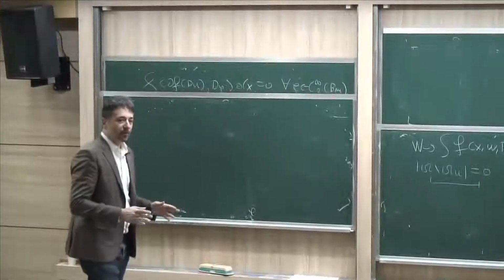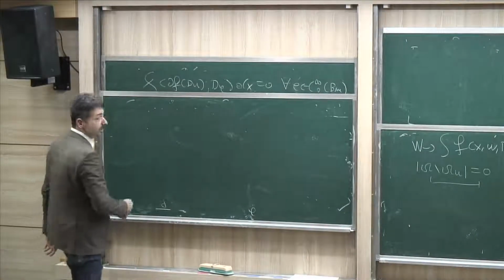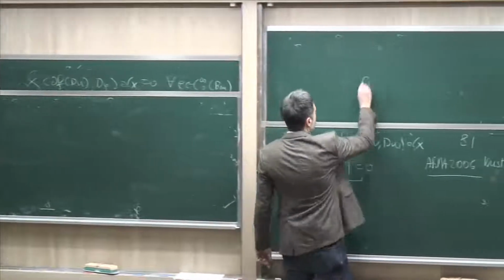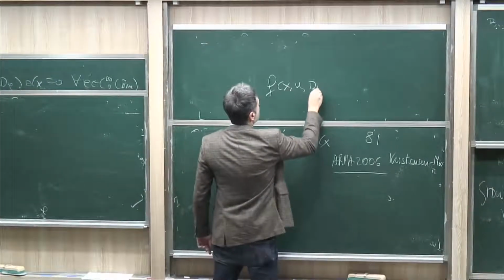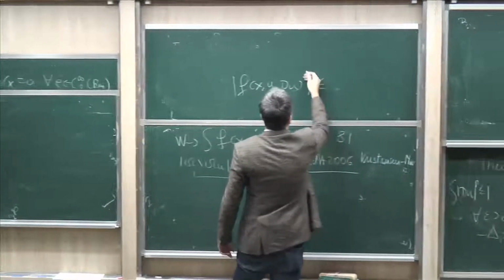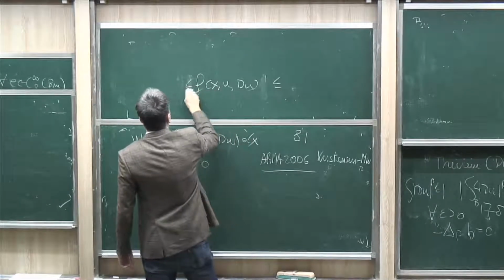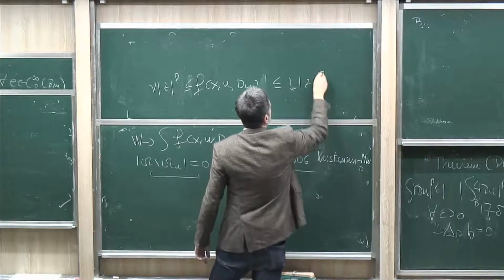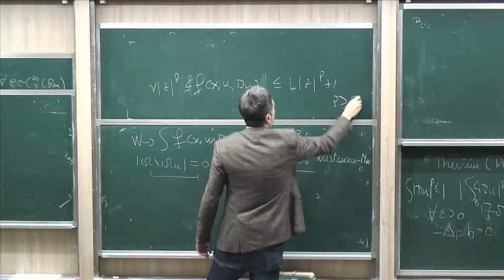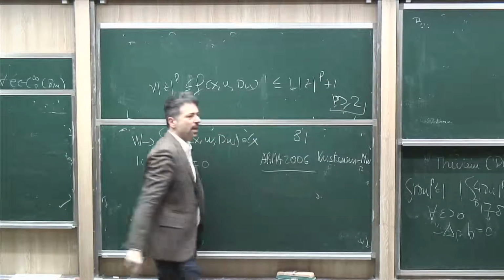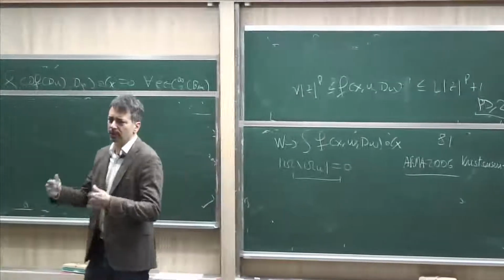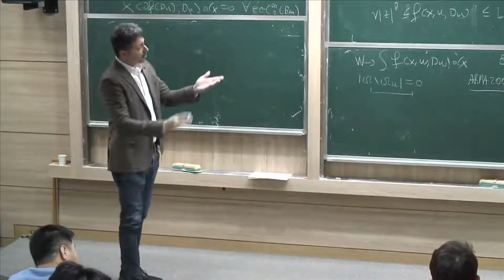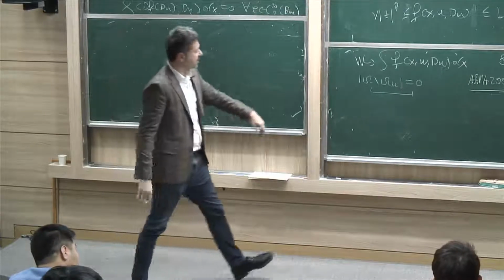As I told you before, it remains the higher integrability. Once you have this functional with p growth, let's say f(x, Du) less than or equal to L(1 + |z|^p), let me just take for simplicity p larger or equal than 2, but for p less than 2 you can do similar things. Then you have partial regularity on one side.